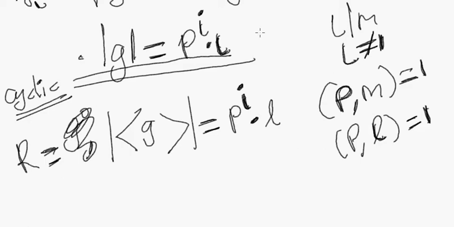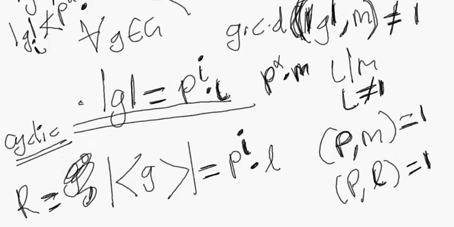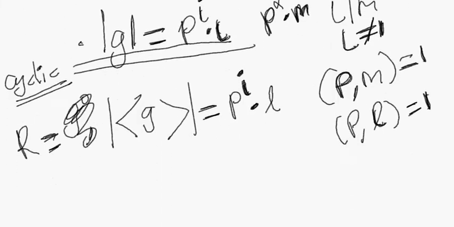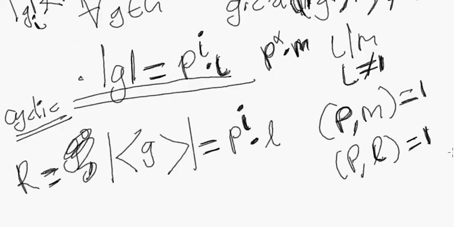Before, we started with something of the form P to the alpha times M. We said that if for all little g in G, we found that the order of G always has something in common with M, that is, the order of G and M are never relatively prime, and that's true for the group of order P to the alpha times M, then aren't we saying that every element has order P to the I times L?